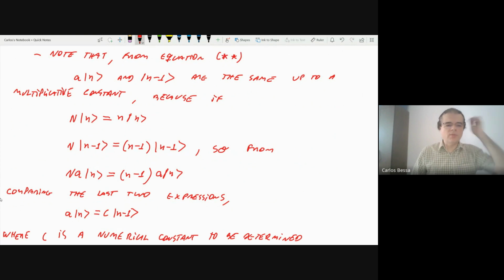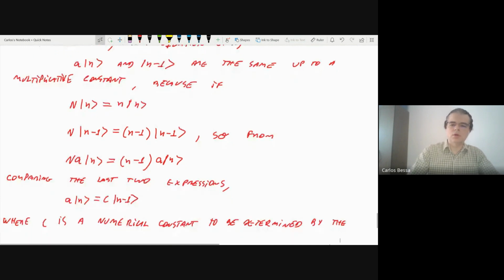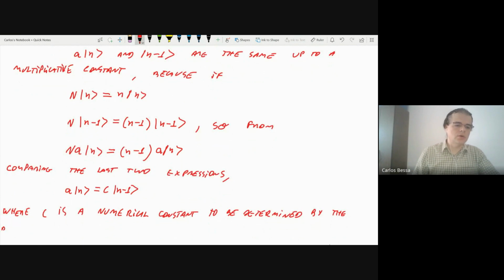And we determine it by the requirement that both n and n minus 1 are normalized.